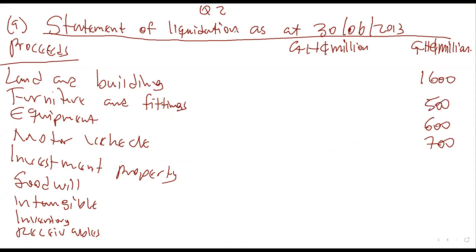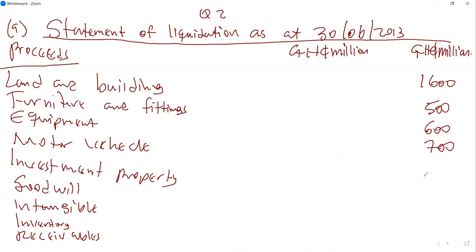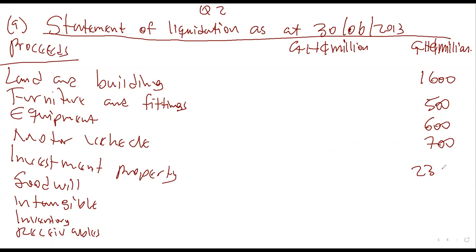If it is done like this, they tell you, you just have to put them in and that's all. Note 2, the investment property of the company has a fair value of 2,650, but the for sale value is 2,300 million. Yeah, we need the for sale value, so that's 2,300 million. That is what you have to pick.